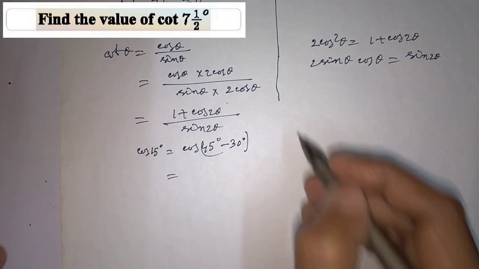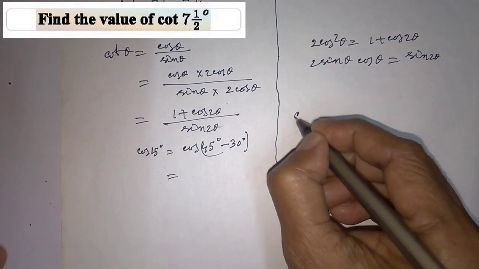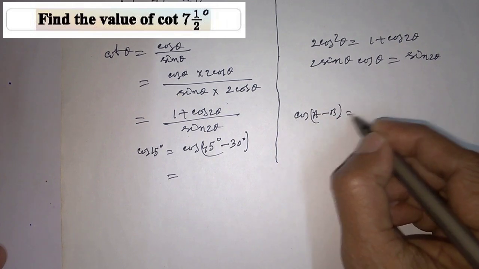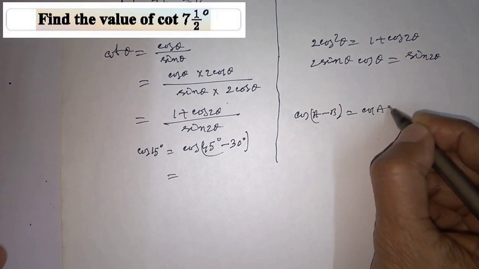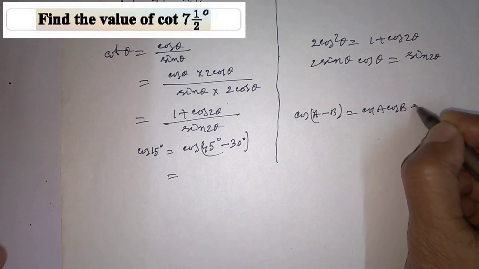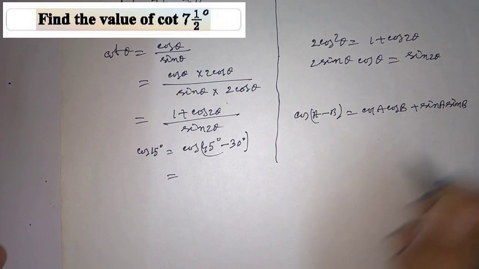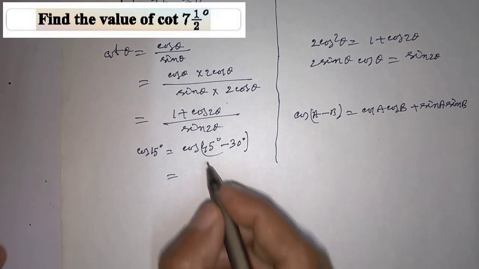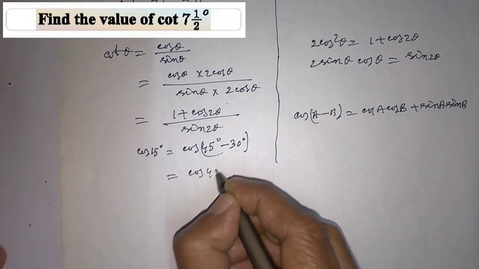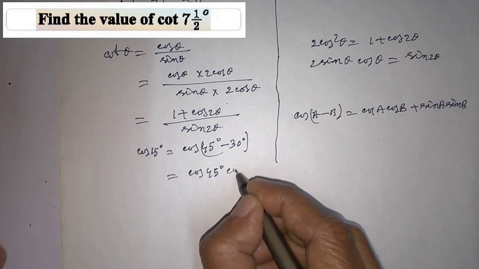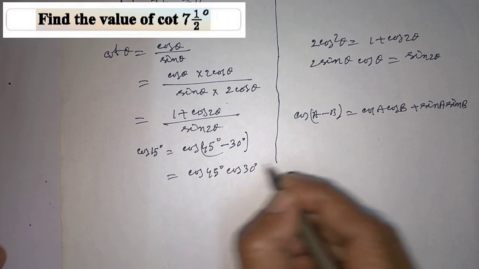So use the compound angle formula: cos(A minus B) is equal to cos A cos B plus sin A sin B. Using this formula, I may write cos 45 degree cos 30 degree plus sin 45 degree sin 30 degree.